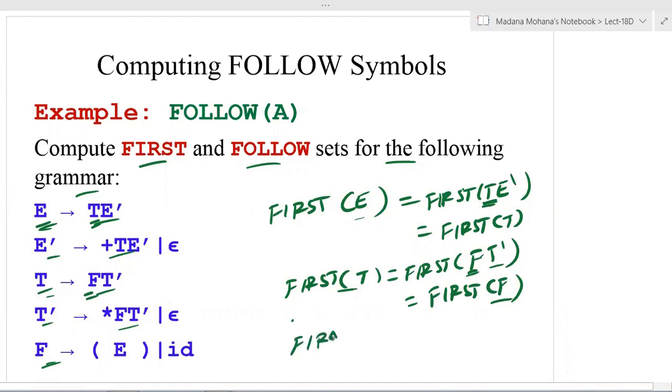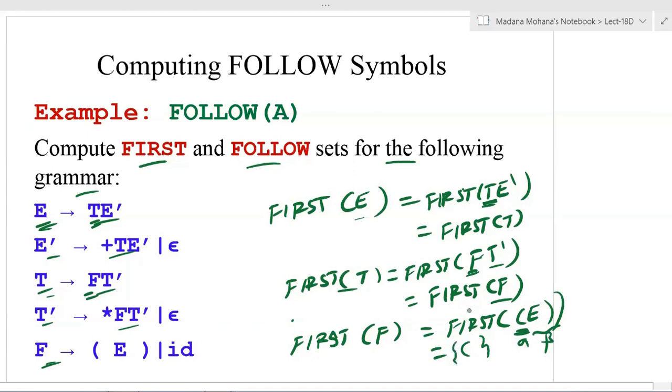Now you can find out first of F equal to first of E within parentheses. Now you can see it starts with a terminal, so it is of the form a beta as per the rule. So now here what you will get is only the left parenthesis.